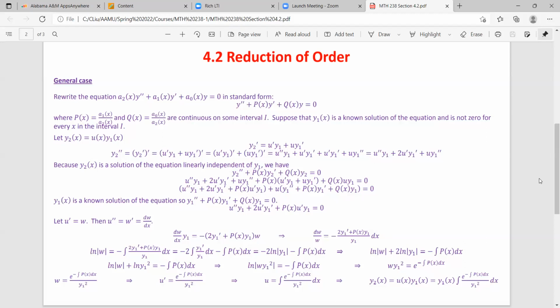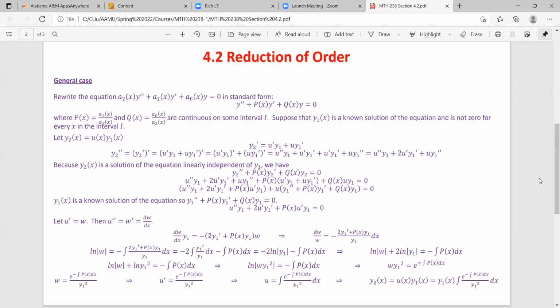Then u double prime is just w prime, and we can write it as dw over dx. So now we can separate the variables in the equation to solve for w.